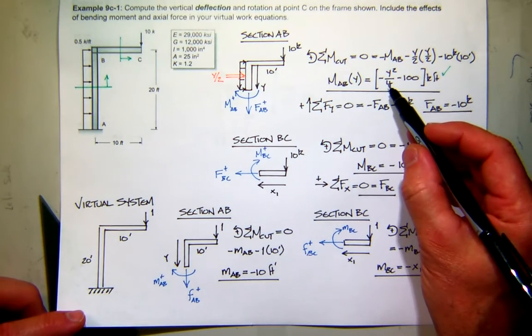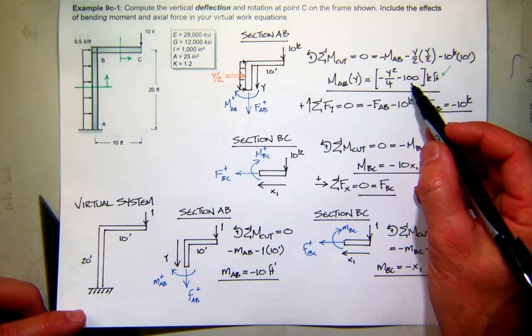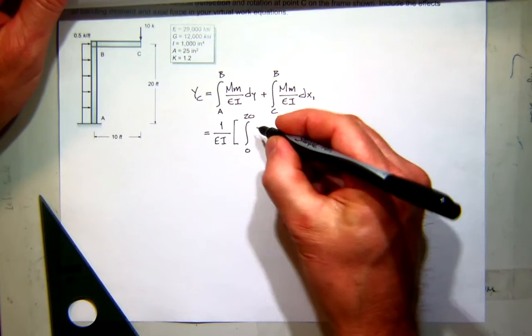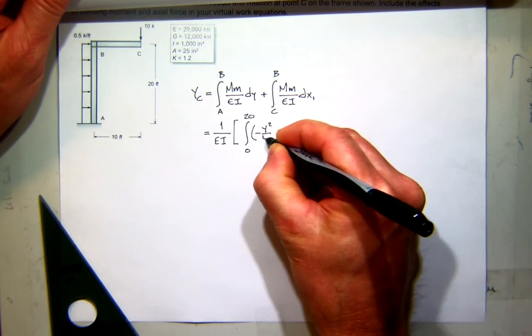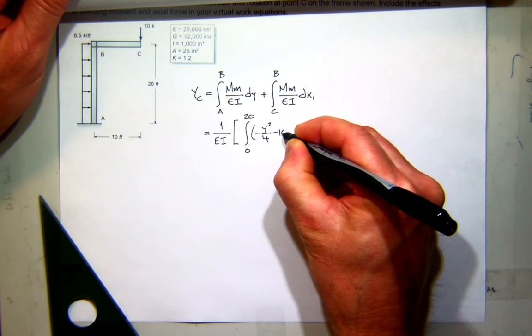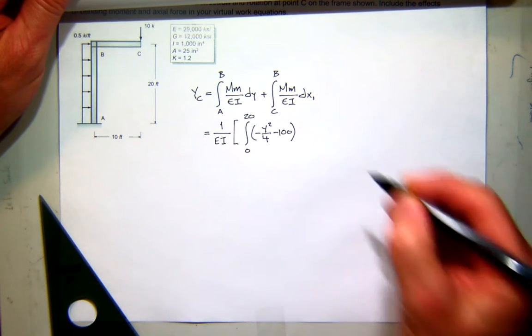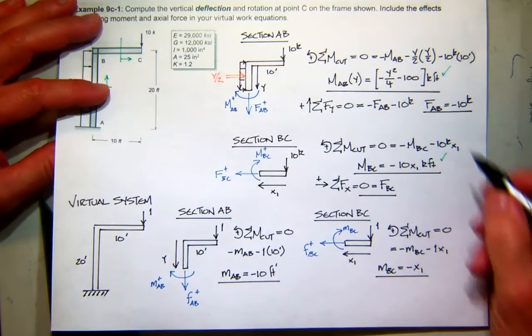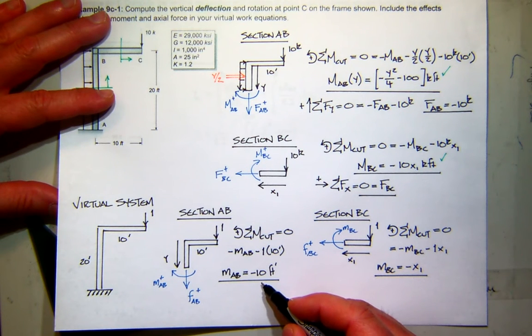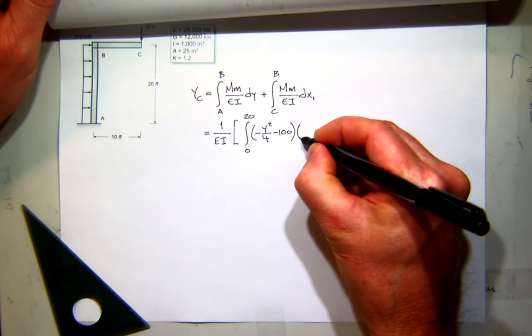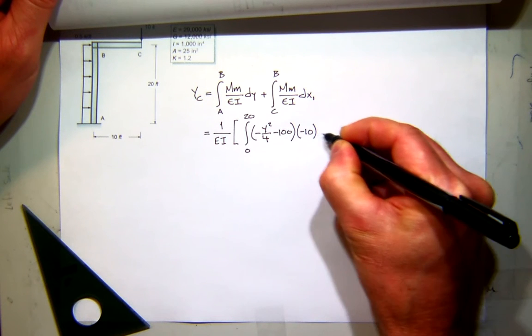So it's going to be minus y squared over 4 minus 100. So there's my real moment, and the virtual moment for the same system is just minus 10. And that will be dy.